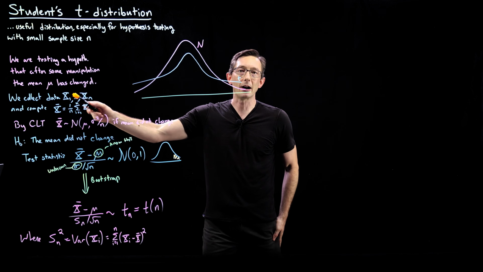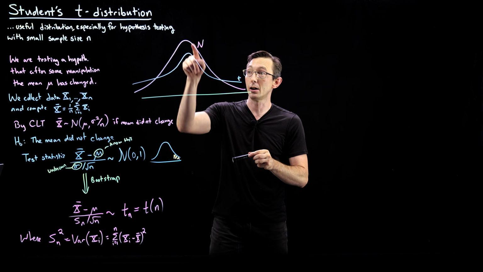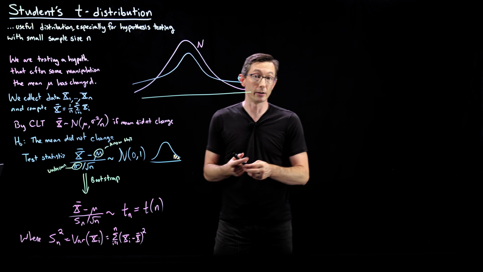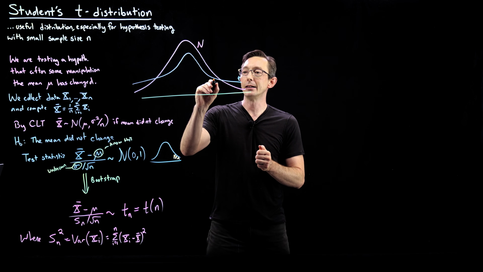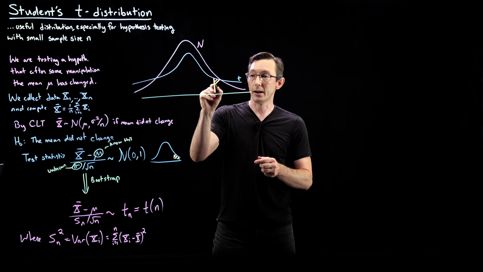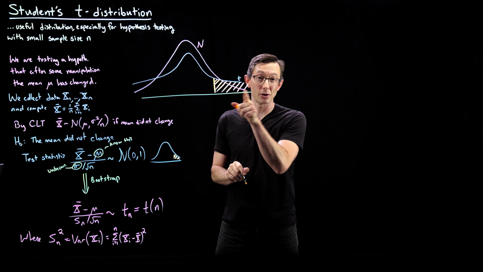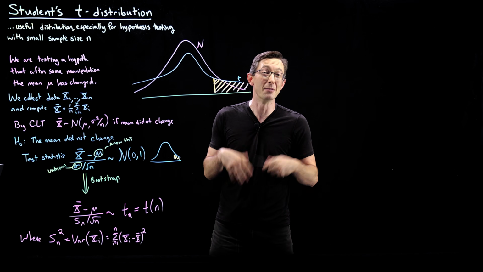If you're doing a hypothesis test where you would normally build a one-sided rejection region on the normal distribution, but you have a small n and you're bootstrapping your variance for your test statistic, then you need to define your rejection region based on this t-distribution, this blue distribution here, because especially where the rejection region lives, that's where the tails are, where these distributions disagree the most.